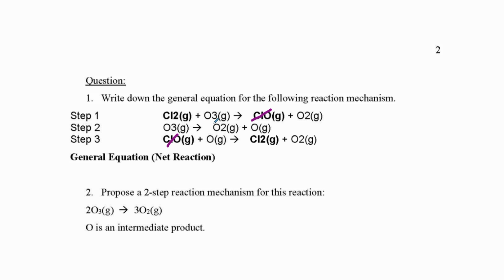So there's one other intermediate. You'll notice here, product first, reactant later. So both ClO and O are intermediates. And the reason we can identify them as that is because they appear as products first.